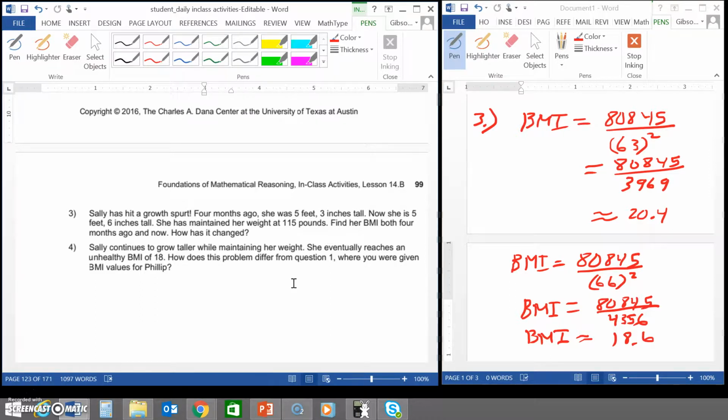But in this case, we have the BMI, but we don't, oh, I'm sorry. What we originally had was his height, but we didn't have the weight. And when we were given the BMI, we had to find out what his weight was. In this situation, we'll be given a BMI of 18, and we will have to figure out what her height is. And that is the difference between the two.